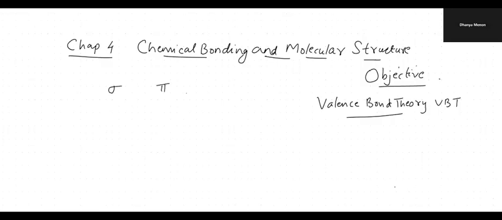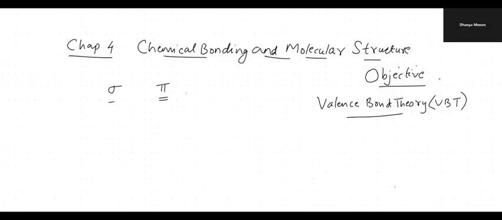The next theory that we are going to learn today is valence bond theory, or VBT. The concept of sigma and pi bonds: sigma means single bonds, and pi bond means multiple bonds, double and triple bonds.